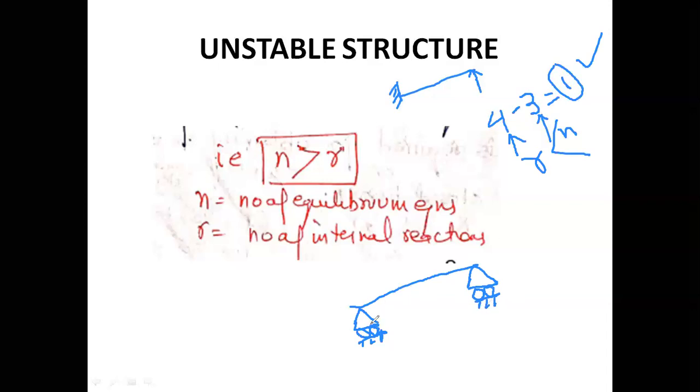We know that on a roller support the number of internal reactions will be 1. The number of reactions will be 1 here. The total number of reactions in this case will be 2. 2 minus 3, where 3 is the number of equilibrium equations, is equal to minus 1. Here this is r and this is n.